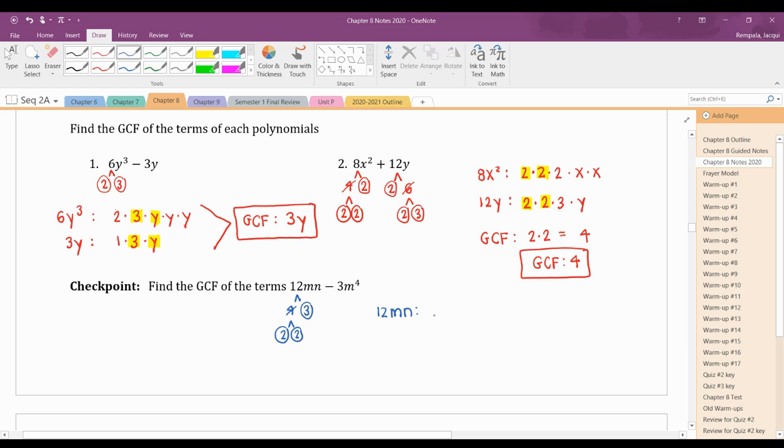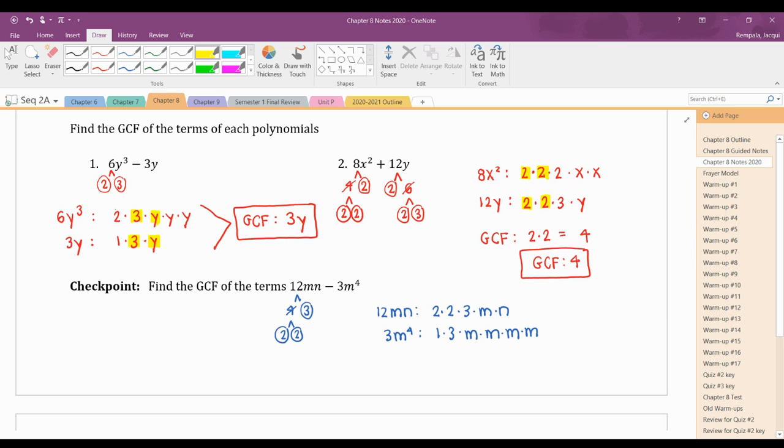12mn is 2 times 2 times 3, and then that's times m times n. The 3 I can't break up any further. So if you want, you can think of it as 1 times 3, but then there's 1, 2, 3, 4 m's.